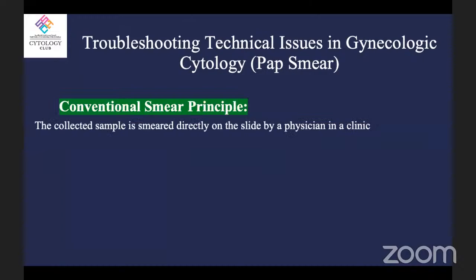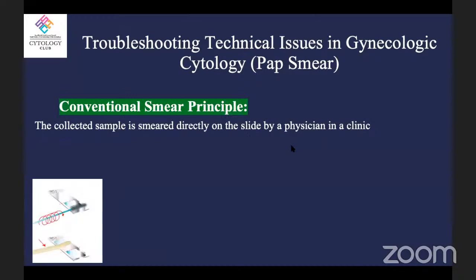For the conventional smear, the principle is the sample is collected and smeared directly on the slide by a physician in the clinic. As we see here, if the physician is using spatula and endocervical brush, after they collect the sample, they immediately smear it on the slide.